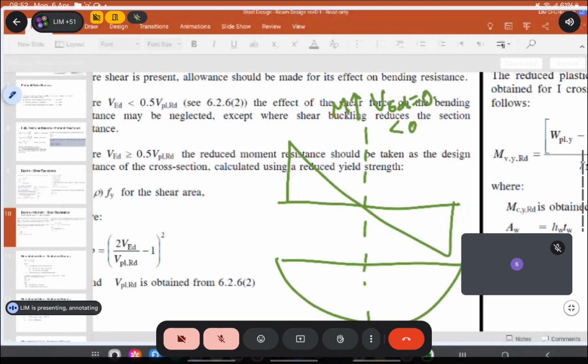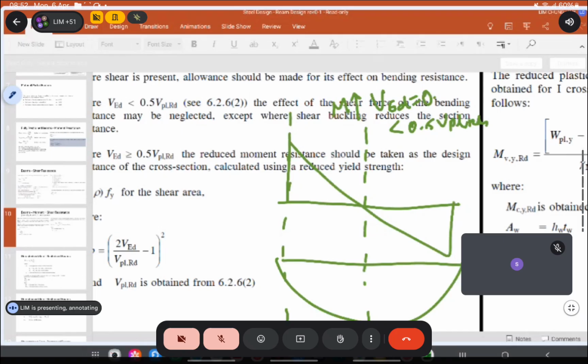It's definitely less than 0.5 VPLRD. So you don't have to worry about the combined shear and moment, because if it's 0, it's definitely less than half VPLRD. So you do one check in the middle, and then you do another check at the end.